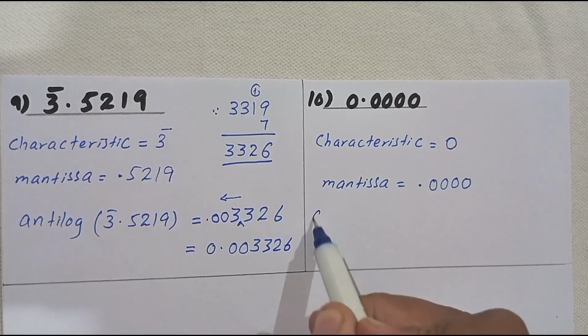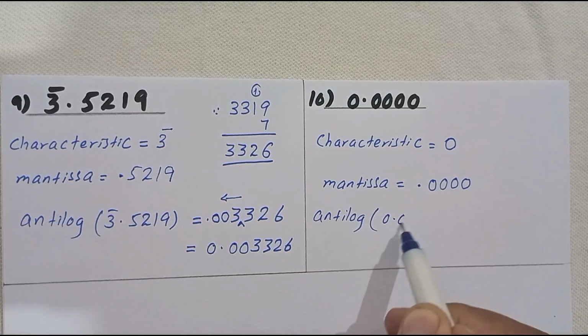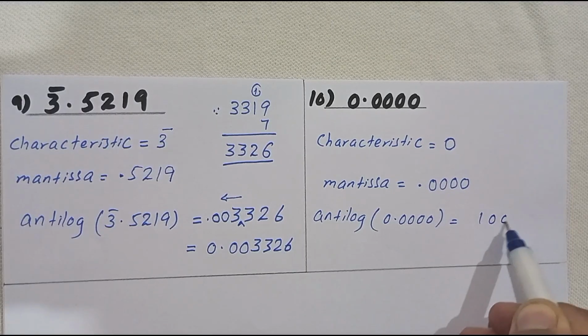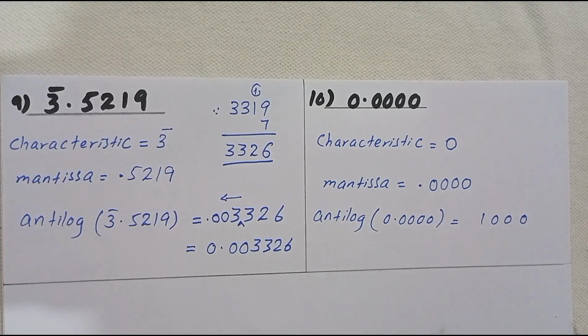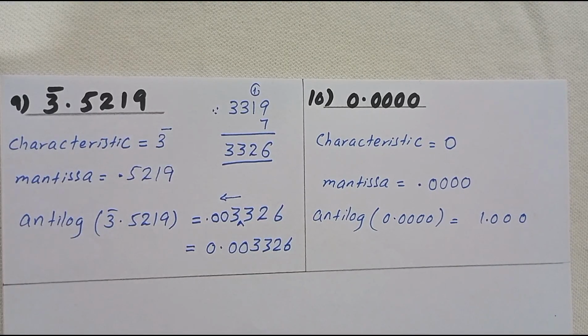So antilog equals 1000, as characteristic is 0, it means the decimal is at reference position. This is the final answer.